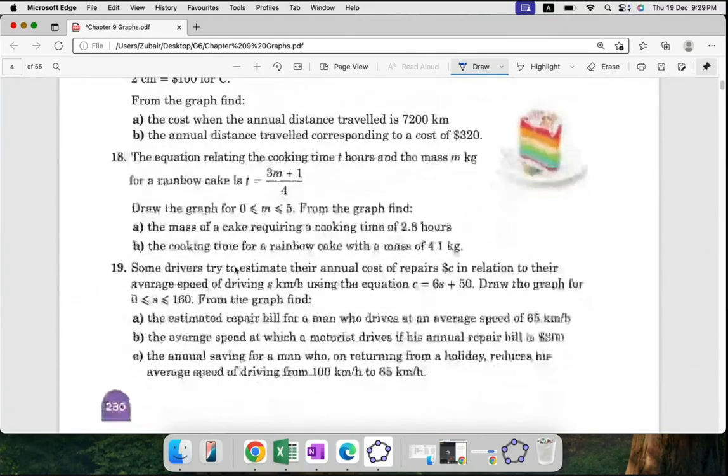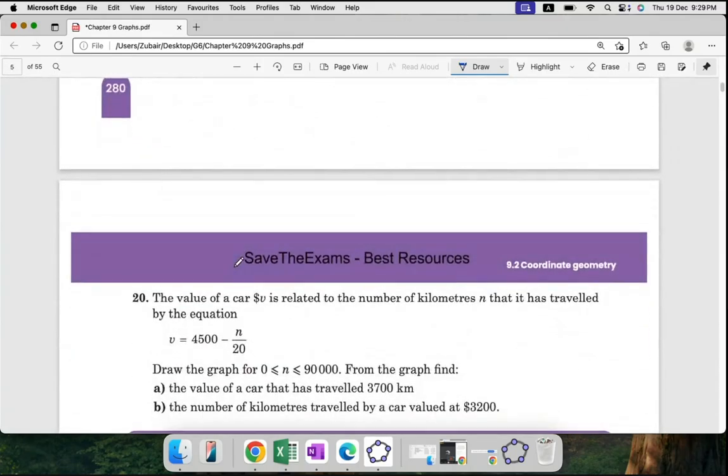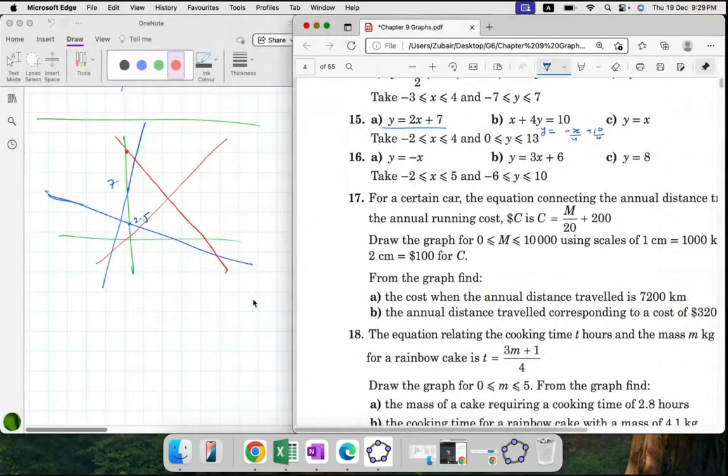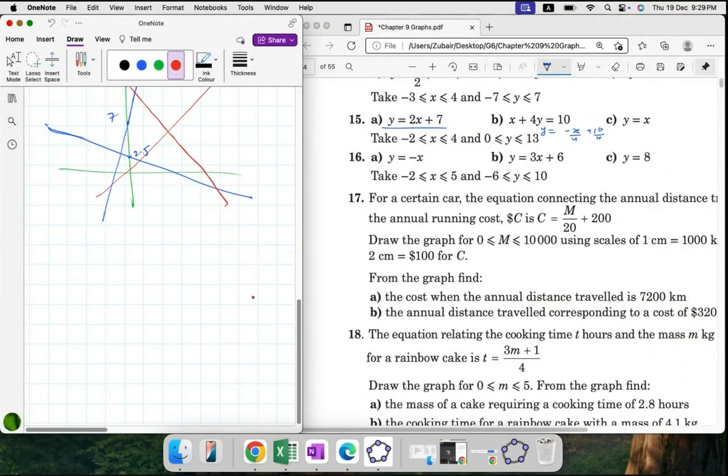Now these are all graphs. Let me take out a graph page and try question 17. Let's just use this grid as graph.